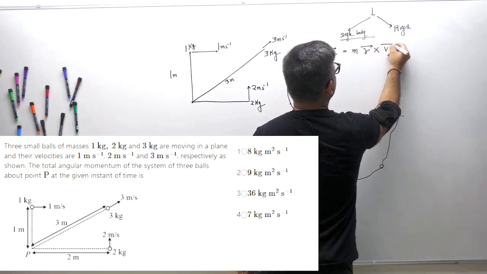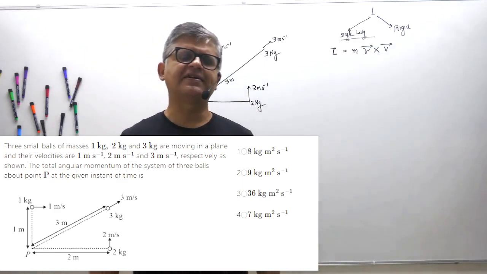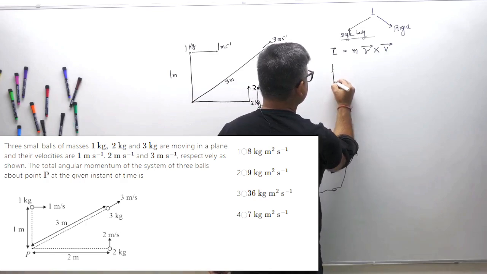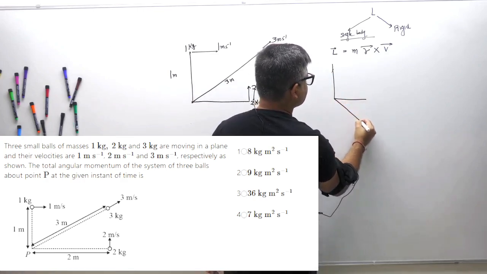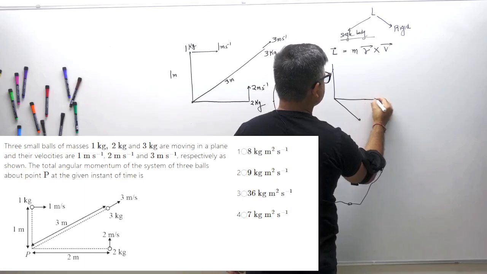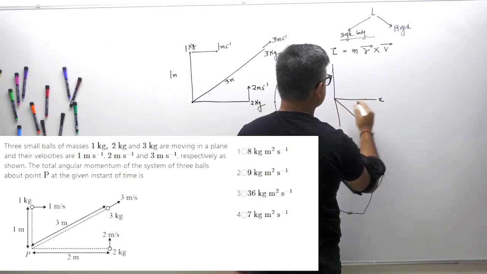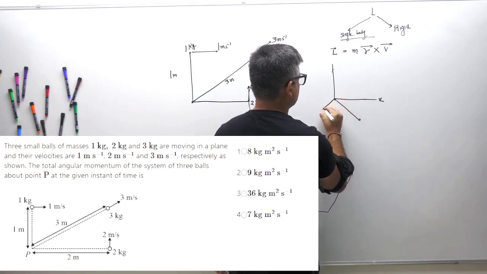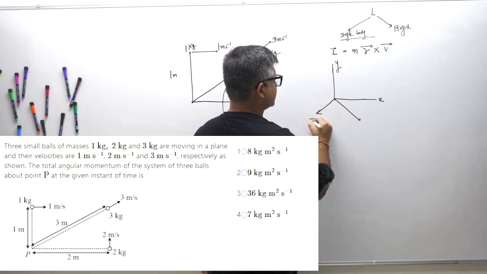It's a vector product of position vector and the velocity, which means if I draw a system like this, and this is your x-axis, and this is your y-axis, and this is your z-axis.